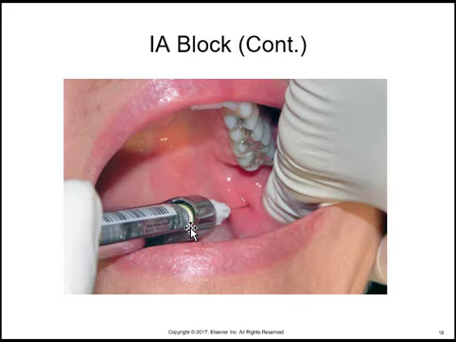But here is the picture of the needle insertion for the IA block. Again, at the intersection of that horizontal line and the vertical line using the coronoid notch and the pterygomandibular fold. You're reaching for the middle of the pterygomandibular space at 6 to 10 millimeters superior to the occlusal plane of the mandibular molars.